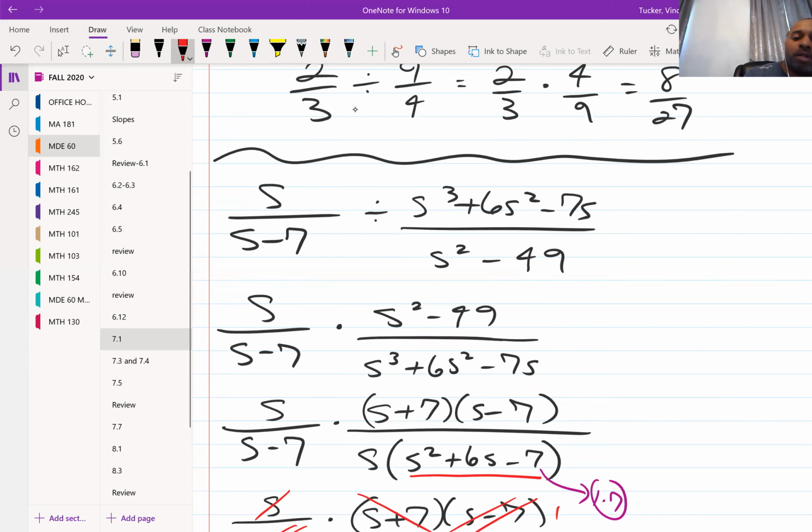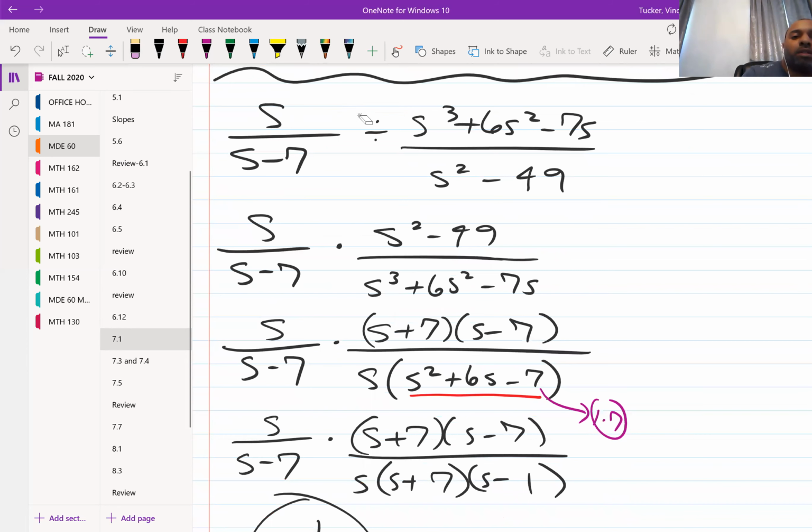Let me erase some of this stuff. And then we look at this trinomial right here. S squared plus 6S minus 7 will factor out to give us S plus 7, S minus 1.